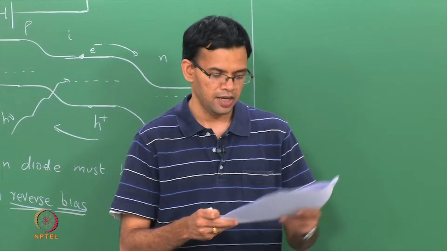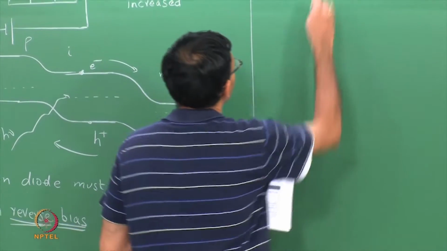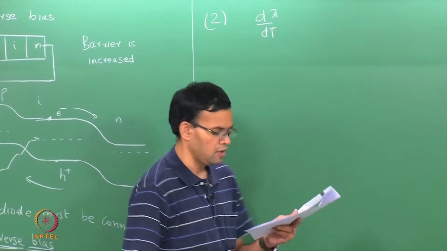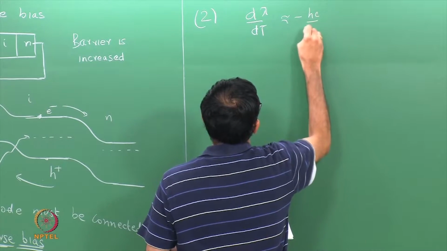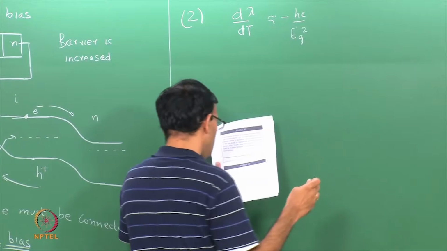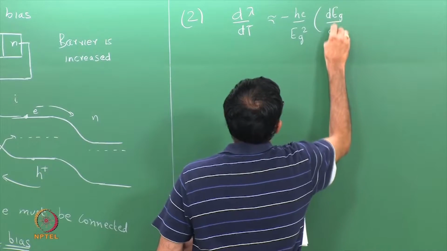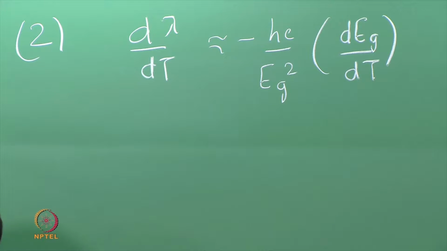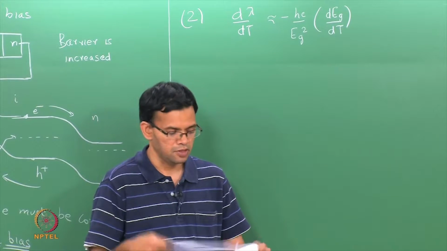In this particular case we are asked to show that the change in the emitted wavelength, d lambda over dt, the change in wavelength with respect to temperature, is approximately given to be minus hc over Eg square times dEg over dt, and then we are asked to do the calculation for a gallium arsenide system where the band gap is given and also the temperature variation is given.